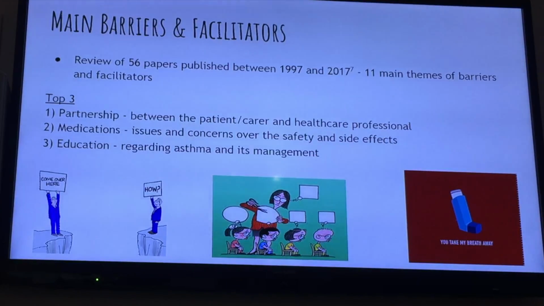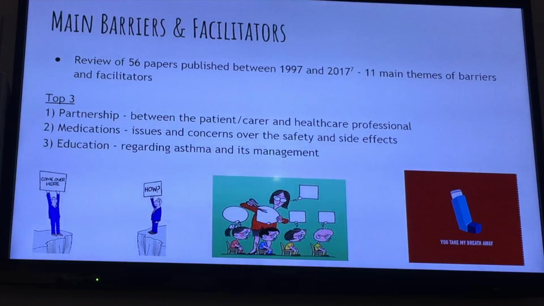In terms of partnership, one of the main issues raised was that there was an absence of partnership reported between the healthcare professional and the patient, particularly among adolescents as well as ethnic minorities. In terms of medication, there was a general consensus about patient concerns over safety and side effects of the medication, and the predominant group was parents of the children, which is not unexpected, and older adults.